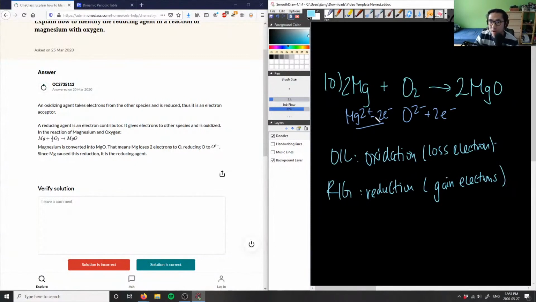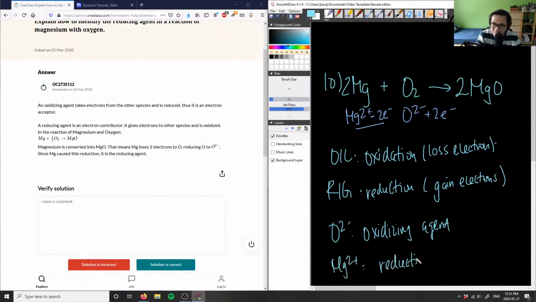So in this case, magnesium is the reducing agent, and oxygen is going to be our oxidizing agent. Therefore, the O2 minus is going to be the oxidizing agent, and the Mg2+ is going to be the reducing agent.